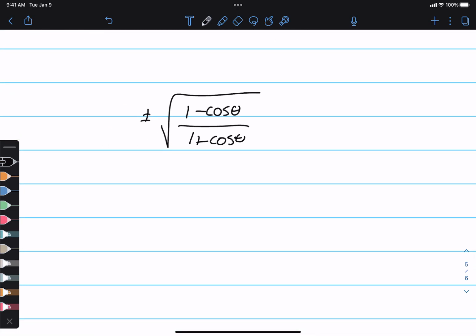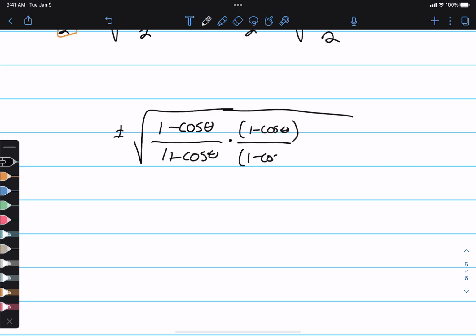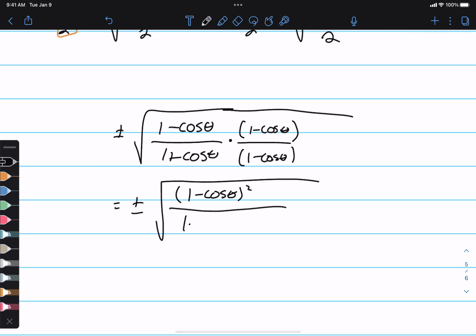How I did that was, I looked at this, and if we multiply inside the radical, if we give this 1 minus cosine of theta divided by 1 minus cosine of theta, it's going to give us an equivalent thing. So this is equal to plus or minus the square root of 1 minus cosine of theta squared in the top here. And in the bottom, we're going to get 1 minus cosine squared theta.